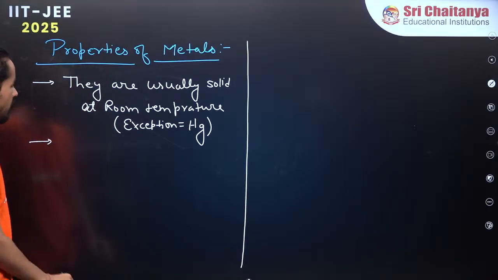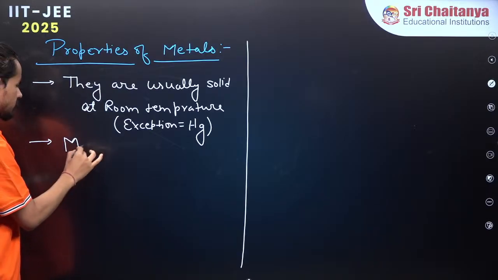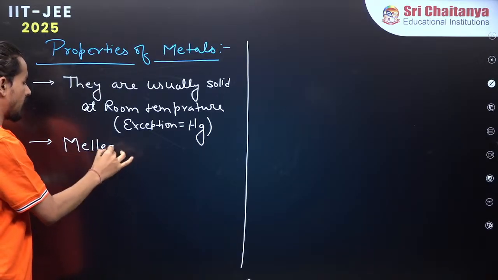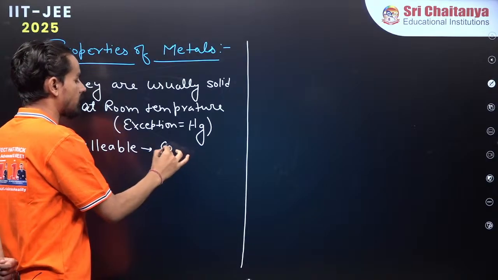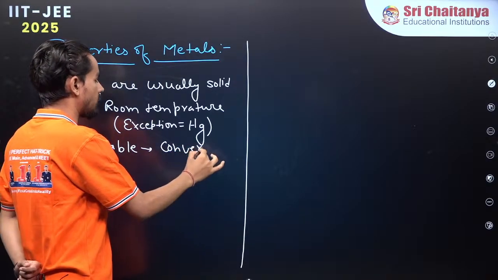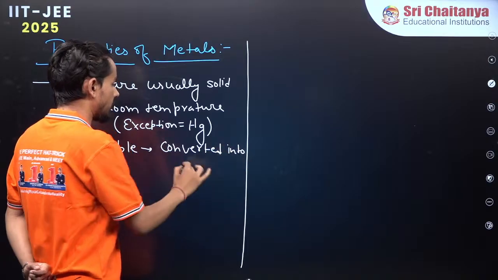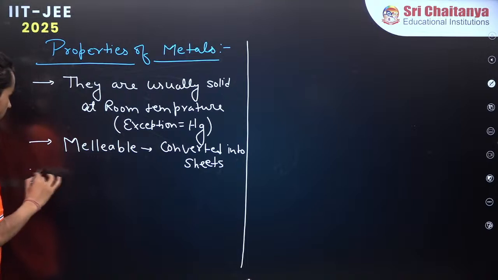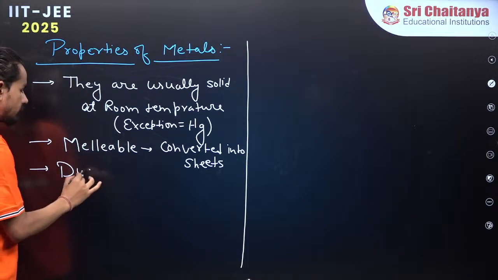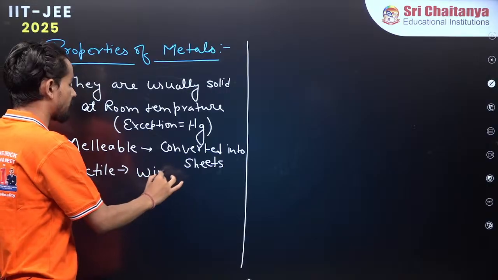What are the other properties? They are malleable, that means they can be hammered and converted into sheets. Sheets can be formed out of metals. They are ductile. Ductile means wires can be drawn out of them.